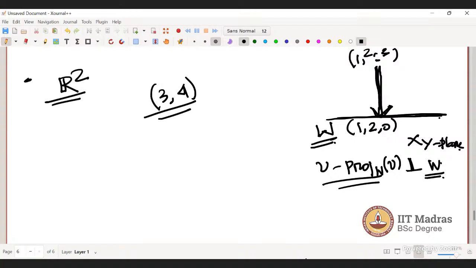Sir, I am having this confusion. Suppose the vector is (a, b), and I am doing this with respect to 3, 4, then I can use the orthogonal condition that the inner product will be equal to 0. Yes, true. So from there I get a condition with respect to a and b. And where is the second equation? I need the second equation to find a and b, right, sir?